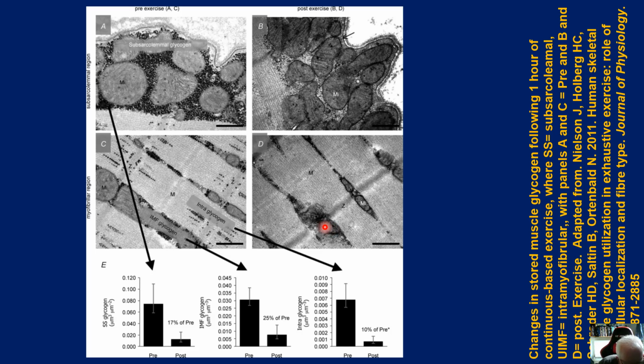And what you can see is the effect. It's not overly clear, it's never quite clear, but if you look at the availability around the fibers in terms of the storage of glycogen, the dark area represents our glycogen, significantly reduced post exercise, and you can see it a little bit here.